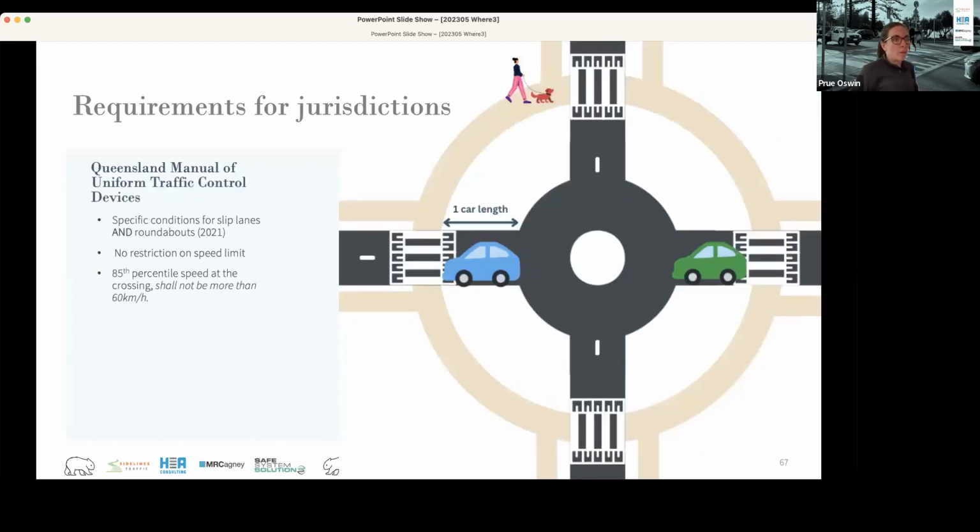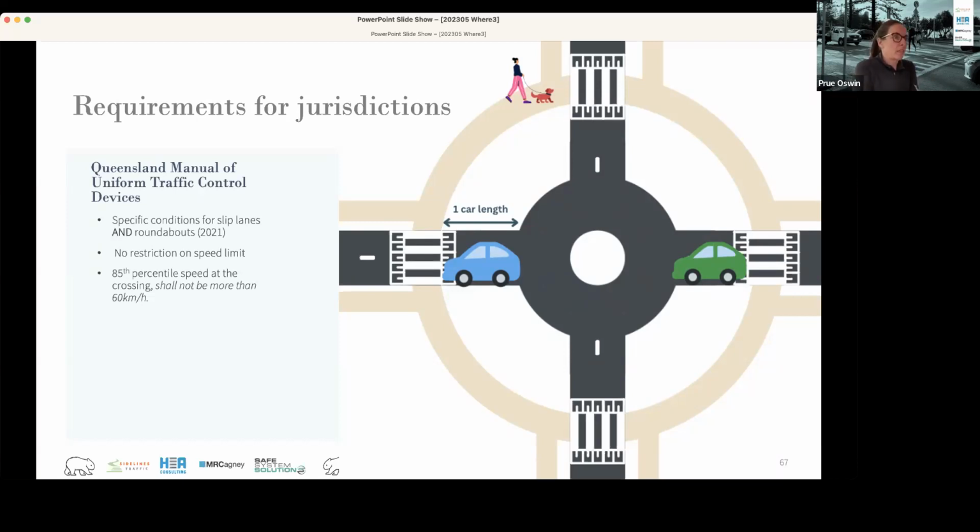Ken will go into this in more detail, but basically when we're putting raised crossings on, we recommend having them one car length back from the roundabout. Basically we're applying the conditions that were already in the Australian standard for slip lanes to roundabouts as well. Do you have to reduce the speed approaching the roundabout, or can it still be 60 kilometres an hour?